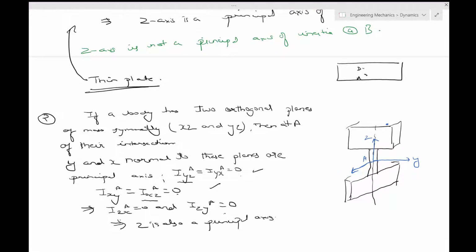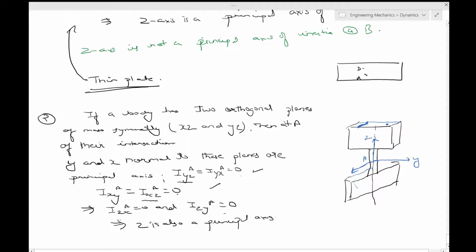For YZ, this is the direction of symmetry, so any point over here and any point over here across the YZ plane cancel.